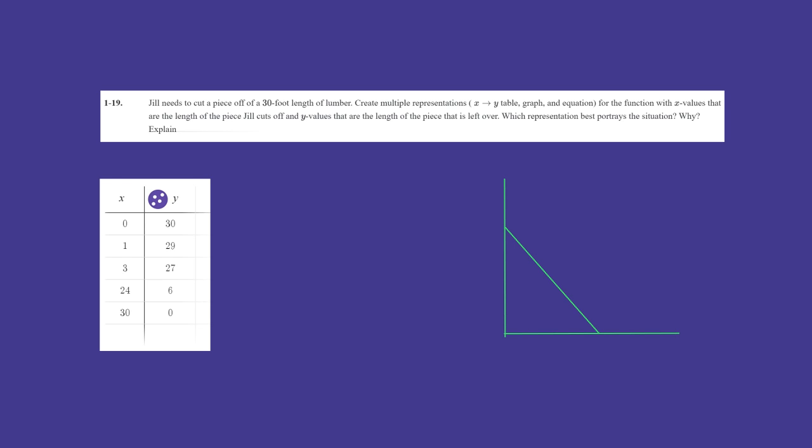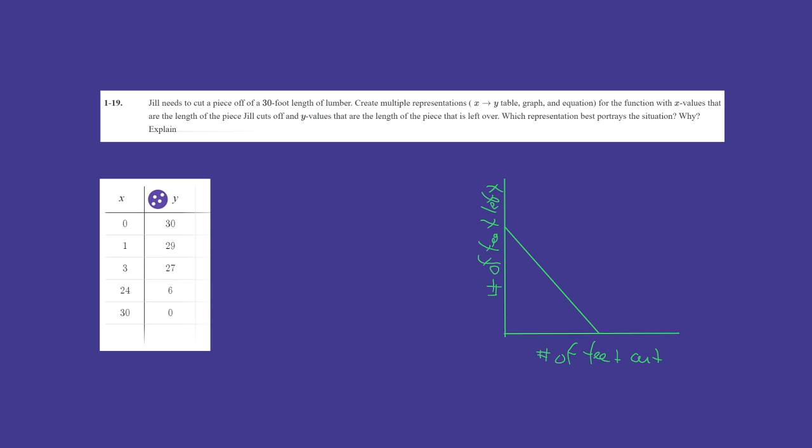If I'm going to go ahead and label this table, because we're supposed to come up with a graph also, I'm going to say this is the number of feet that have been cut, and this will be the number of feet left.